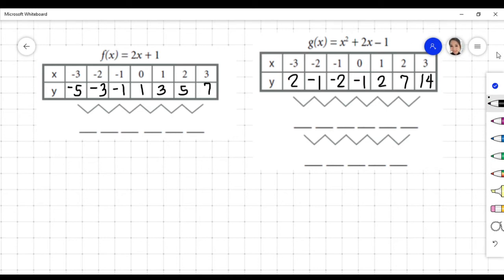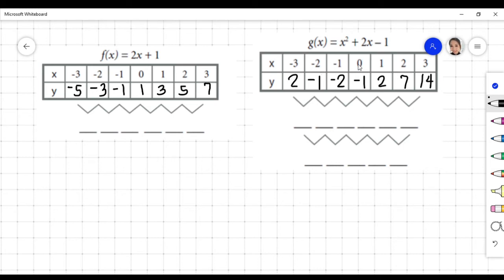I already completed the table of values here. What we did here, we just replace x with -3, then multiply it by 2, then add 1. So we have the following values for each corresponding value of x.